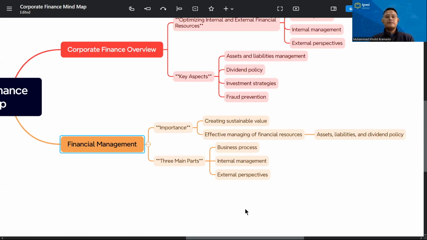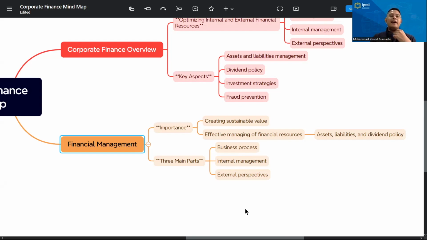And then internal management focuses on managing the company's internal financial resources, including assets, liability, and cash flow. It involves making decisions about capital budgeting, financing, and working capital management.